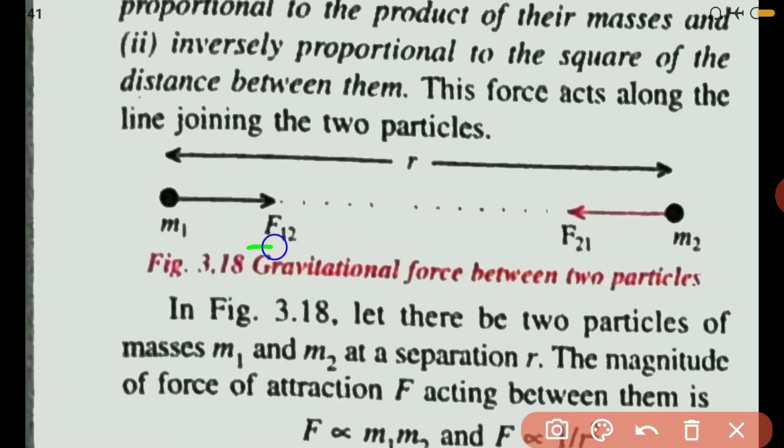So m1 because of this force should be pulled towards m2, and F21 is the force acting on this object here, and this one should be moving towards m1, so they should collide with each other.